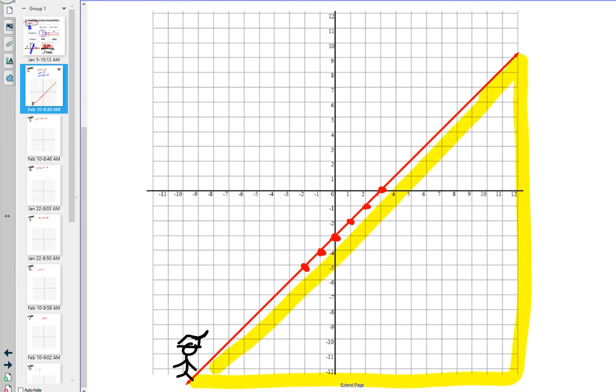I'll race so you can see who can shade faster. I think Jonathan's going to win. He's an excellent shader. Hey, Jonathan, what's your favorite color? Like goldenrod?